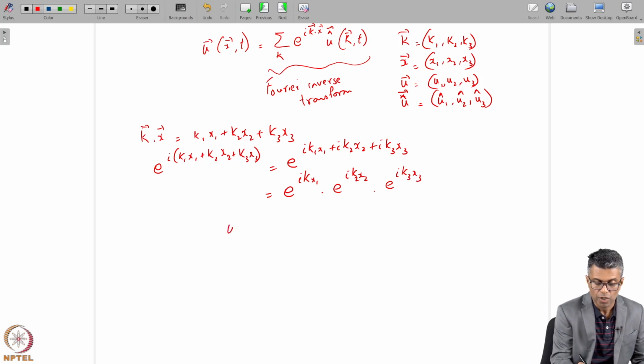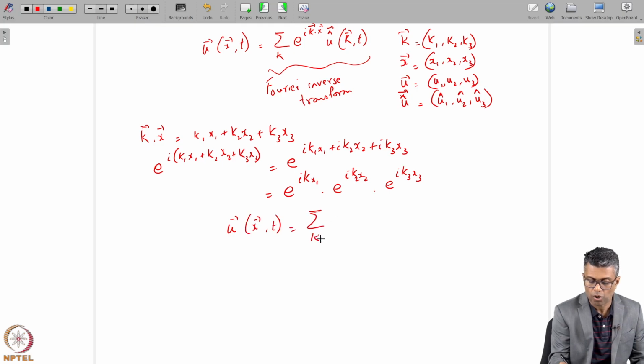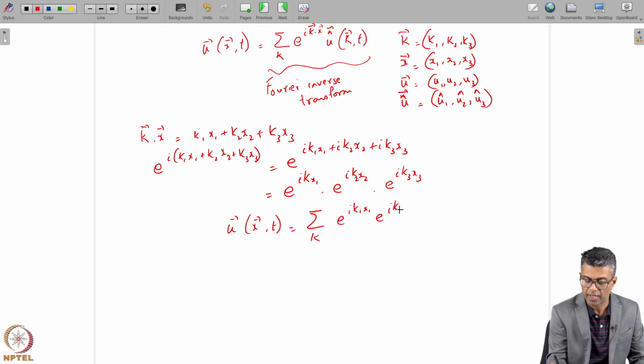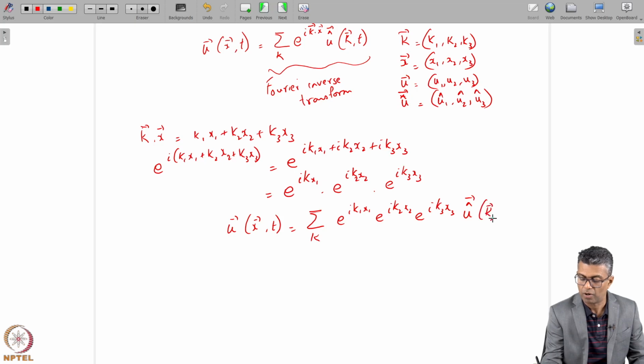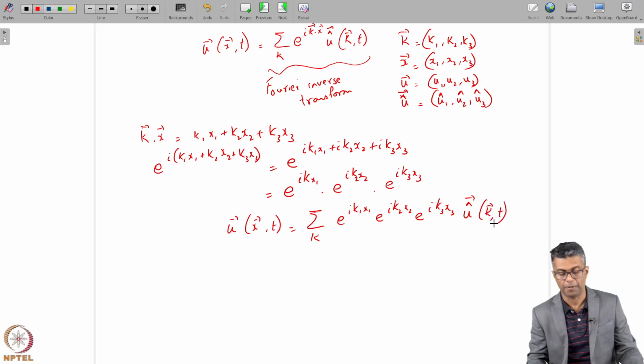So essentially u hat of x comma t is the summation over all wave number magnitudes, I'll explain what that is, of e to the i k1x1, e to the i k2x2, e to the i k3x3, and then u hat vector of kappa comma t.